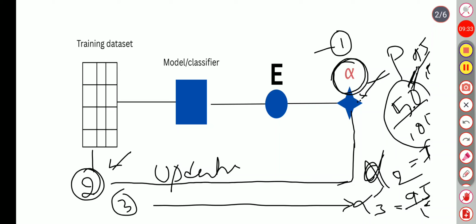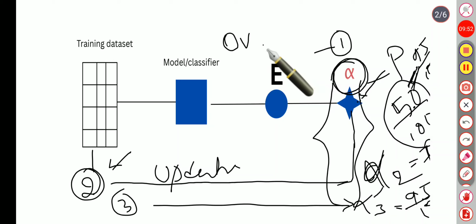If I use those previous iteration outputs into the new task, into the new action, that process is called ensemble learning. Then later add these all, take the average of all the values, alpha 1, alpha 2, alpha 3, that we call the overall prediction. That is the motto of your ensemble learning using AdaBoost. I hope you are getting it, sir.